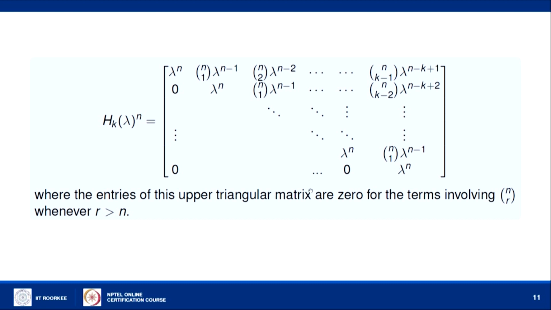One more thing you have to note here, that the entries of this upper triangular matrix are 0 for terms involving nCr whenever r is greater than n.